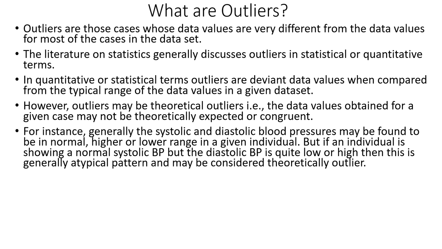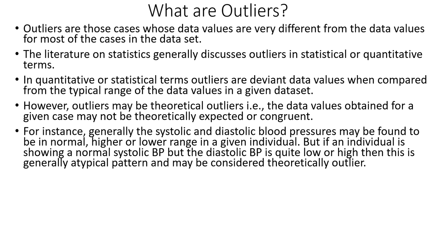For example, all of us know blood pressure, and there are two parameters of blood pressure: the systolic blood pressure, when the heart pumps the blood to the different body organs, and the diastolic blood pressure, which is the blood pressure of the resting heart.